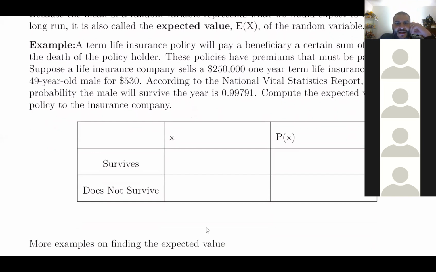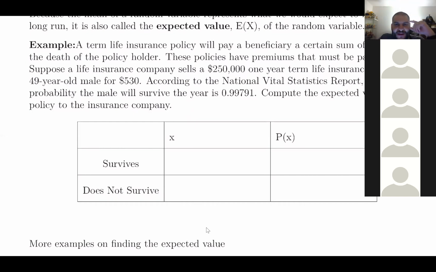Suppose the life insurance company sells a $250,000 one-year term life insurance policy to a 49-year-old male for $530. According to the National Vital Statistics Report, the probability the male will survive the year is 0.99791. Compute the expected value of this policy to the insurance company.